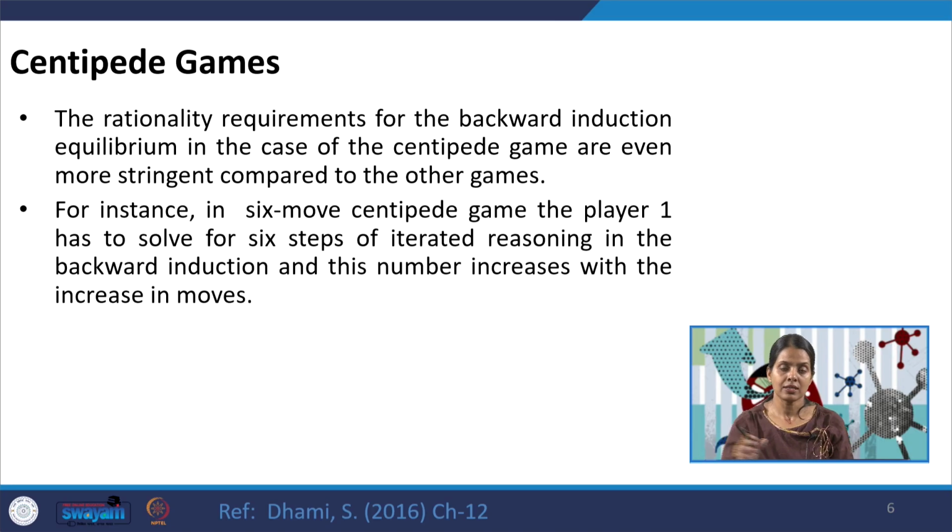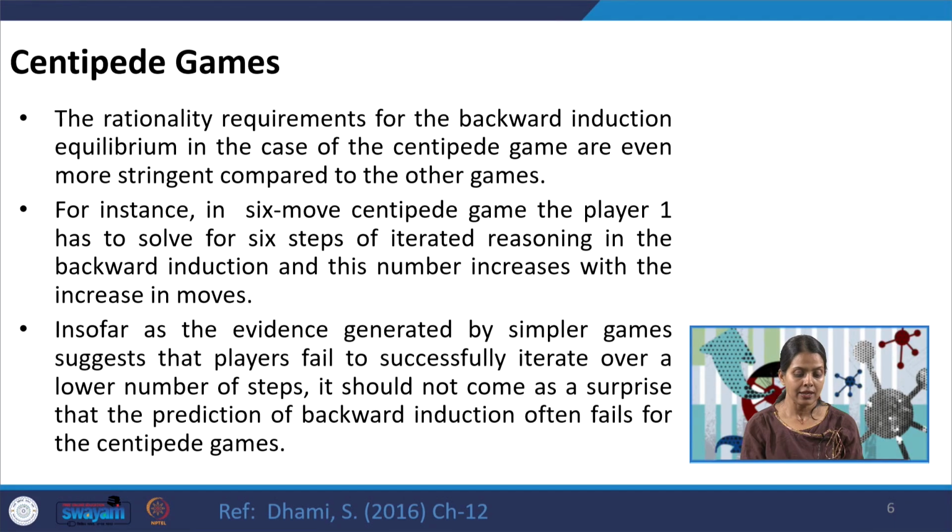For instance, in a 6 move centipede game, player 1 has to solve 6 steps of iterated reasoning in the backward induction, and this number increases with the increase in moves. Insofar as the evidence generated by simpler games suggests that players fail to successfully iterate over a lower number of steps, that we also observed in the case of strategic thinking.